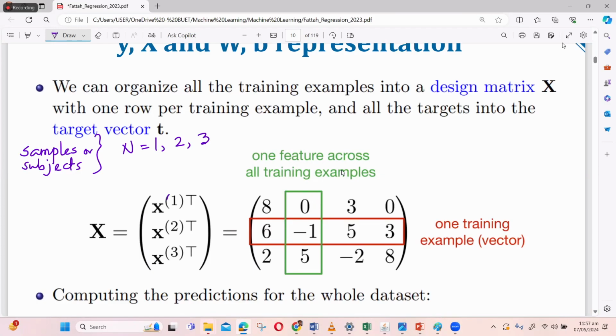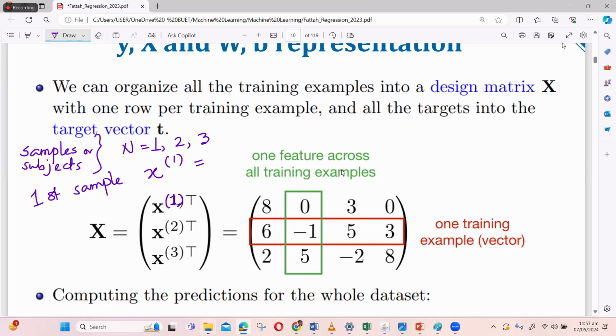These are the samples. X1 belongs to n equal to 1. So if you are considering the first sample, then the first sample is actually X1. First student, second student, third student. But what's the feature value of the first student?